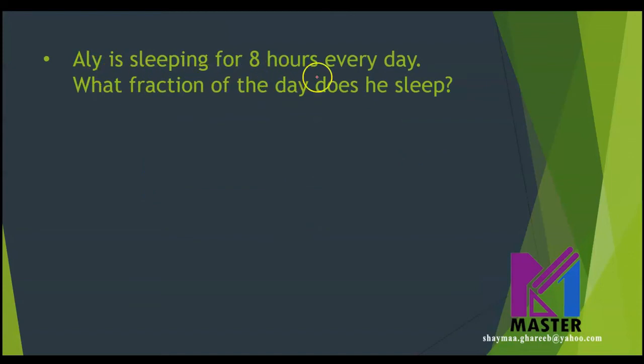Ali is sleeping for 8 hours every day. What fraction of the day does he sleep? To write the fraction of the day, we need to know how many hours there are in one day. We all know that there are 24 hours per day. So when he sleeps 8 hours every day, it means he sleeps for 8 hours from each 24 hours.